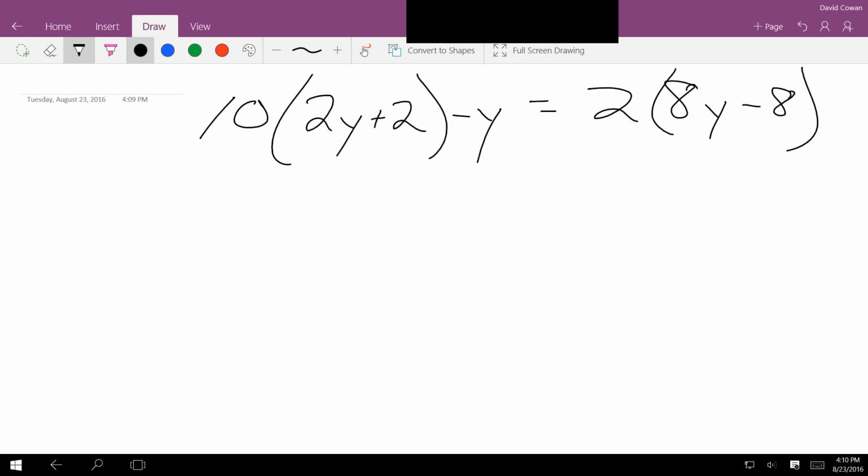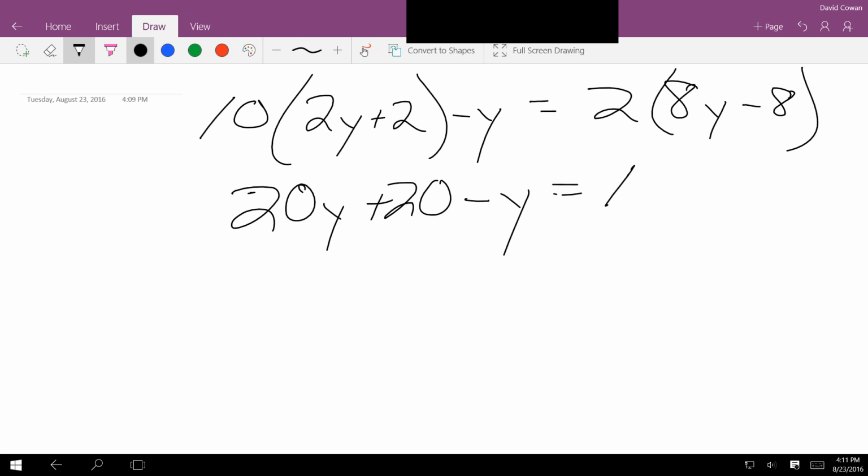Okay, so then it's going to be 20y plus 20 minus y equals 16y minus 16. Good. Next line. 3y plus 20 equals negative 16. Good.